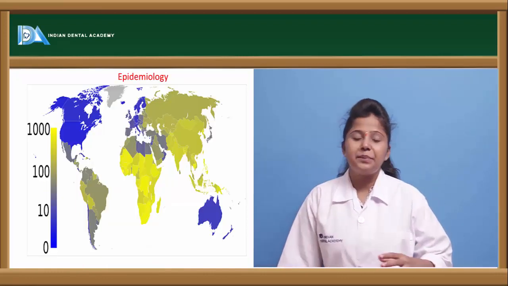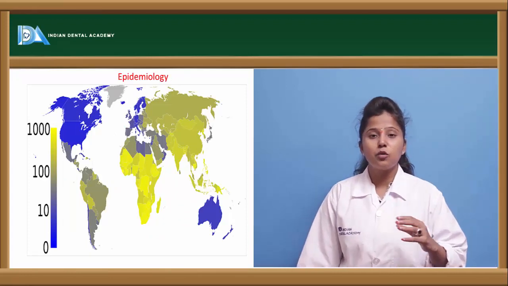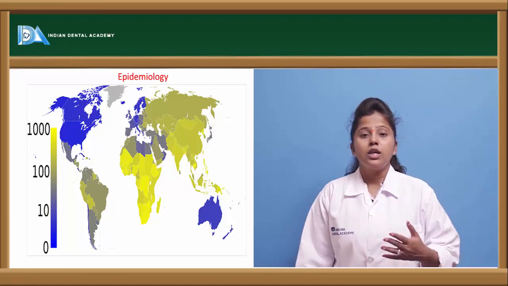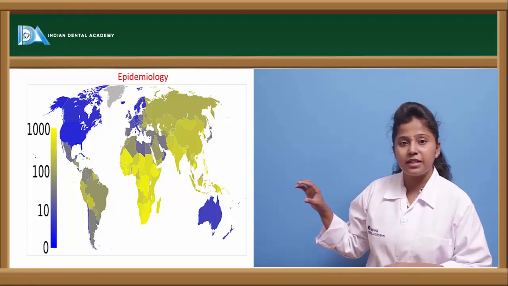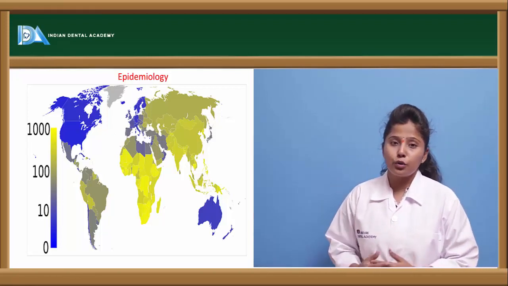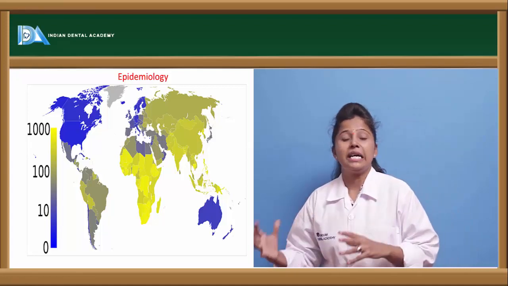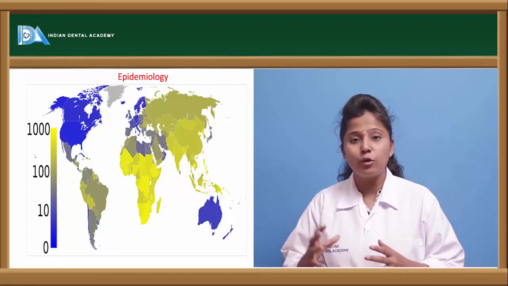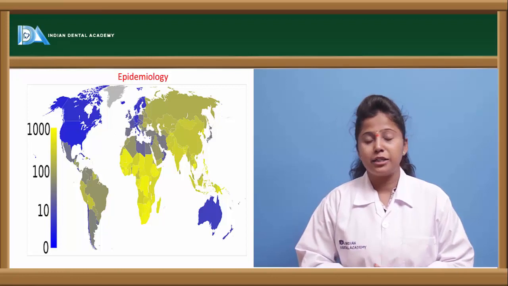Here we can see the epidemiology. How many persons are susceptible if we take the whole world? Here we can see the statistics. The African continent especially is more prone to tuberculosis, because there we can see many hosts which carry this bacterial infection, Mycobacterium tuberculosis.